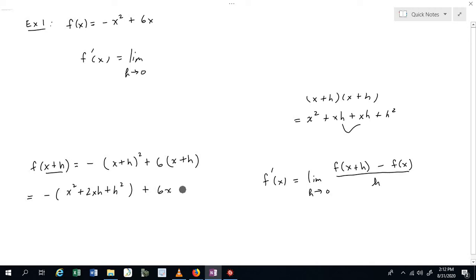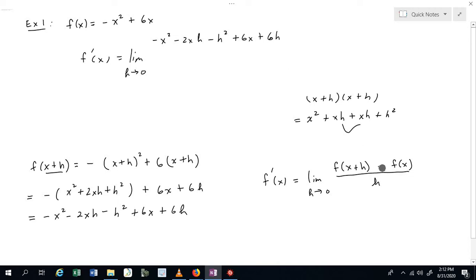Okay, so you get 6x plus 6h. And then I'm going to go ahead and distribute this minus sign. Okay, and so that's what we get for this piece here. Okay, so I'm going to write that up here. So you get minus x squared minus 2xh minus h squared plus 6x plus 6h.